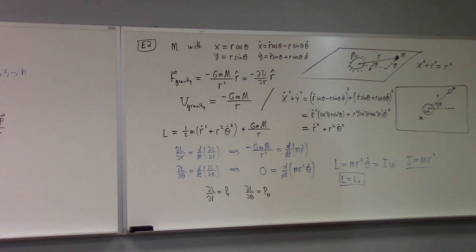So if you solved the minus G m M over r squared equals m r double dot equation, that would give you the path a particle would follow if you just put it there.